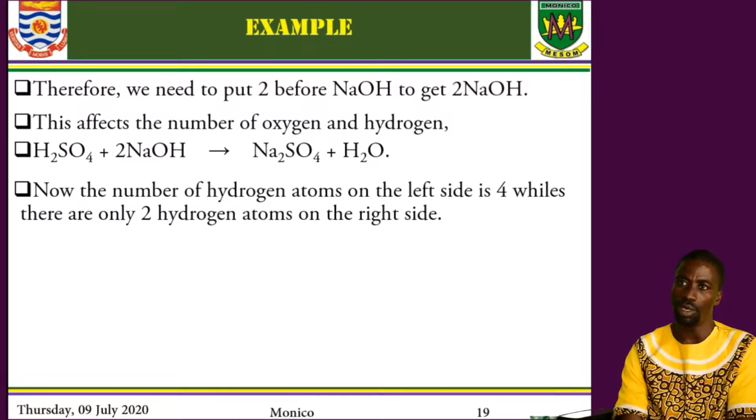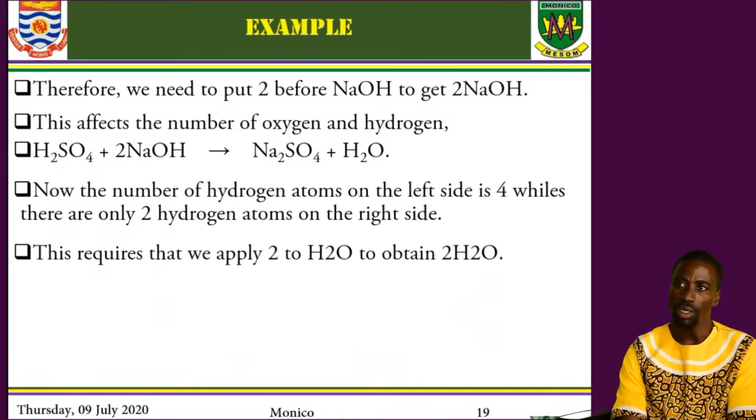If you watched the video carefully, you can tell us what to do now. I need to multiply H2O by 2, and then I get 2H2O, 2 molecules of water.